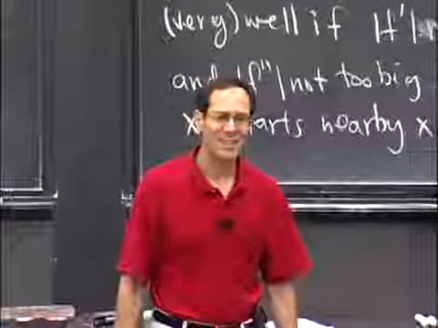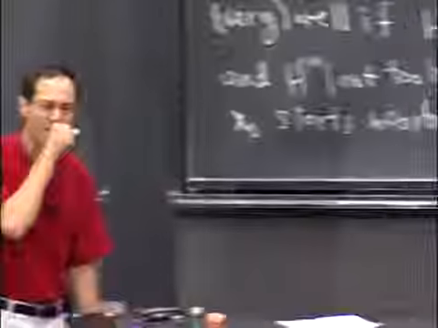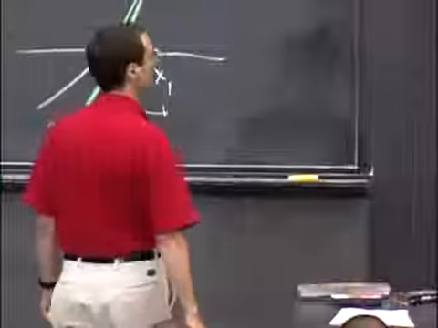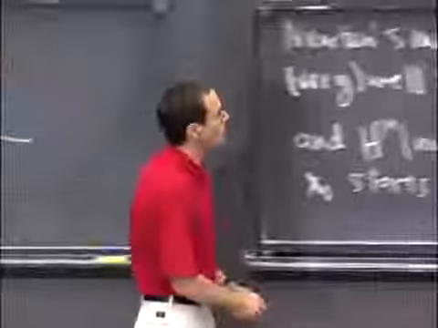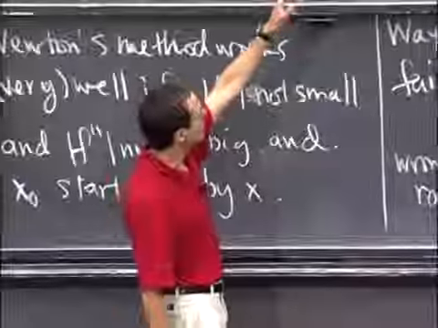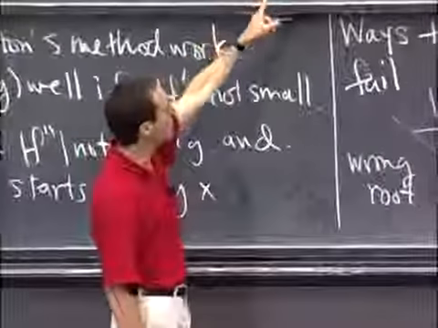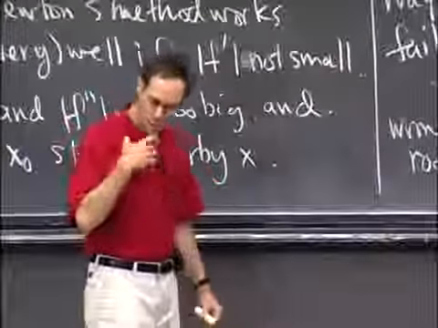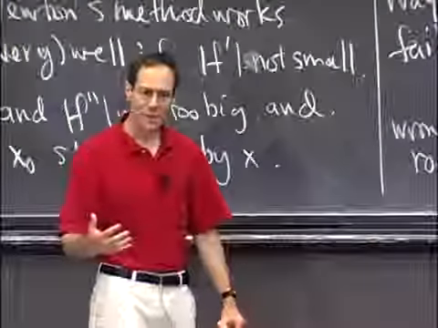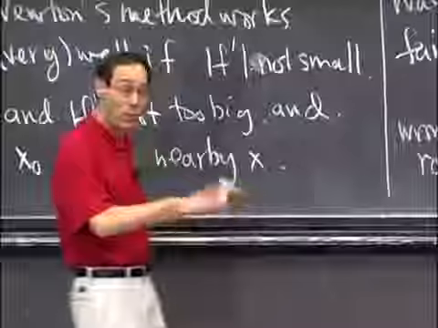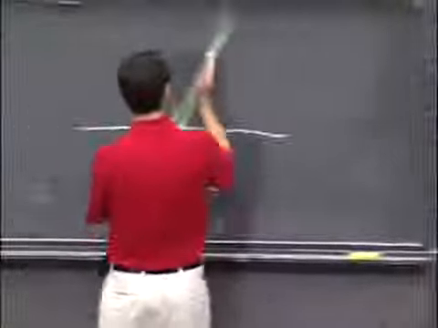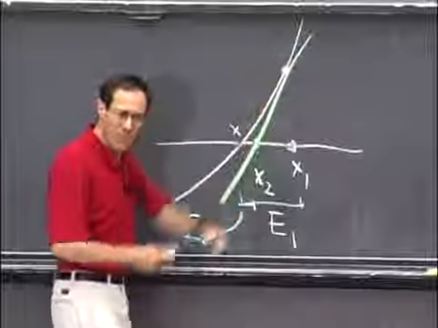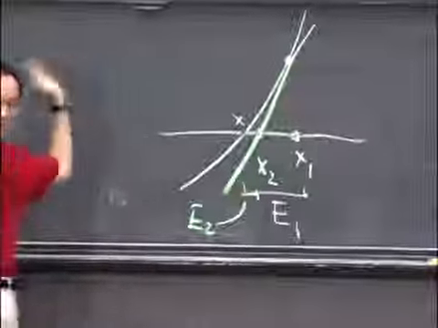Yes, question. How about if the first error is larger than 1, then the error squared... Oh, good question. So the question was, what if the first error is larger than 1? Are you in trouble? And the answer is absolutely yes. If you have quadratic behavior, you can see if you have a quadratic nearby, it's pretty close to the straight line. But far away, a parabola is miles from a straight line.